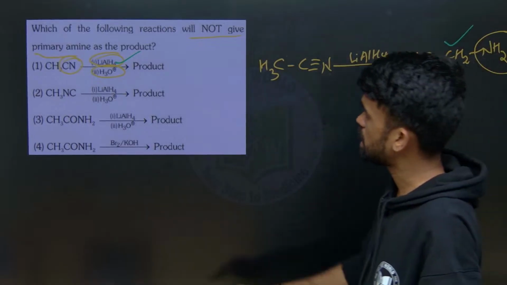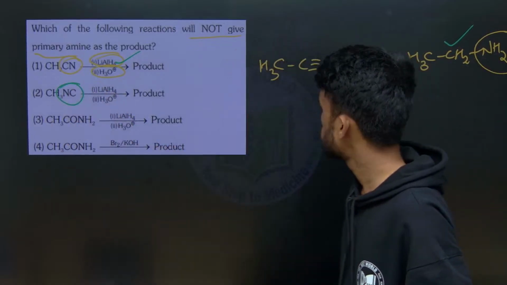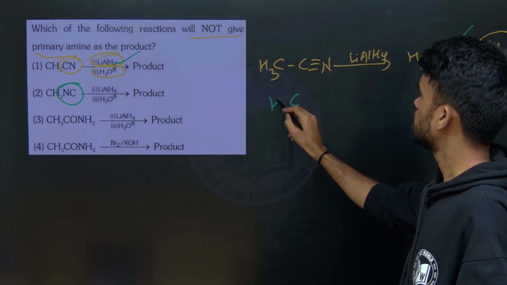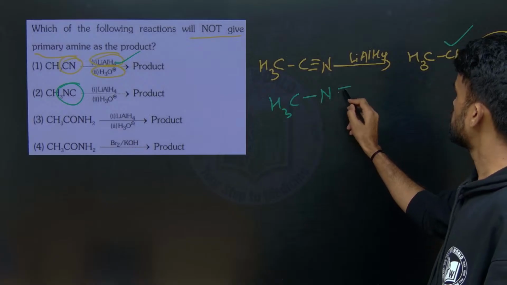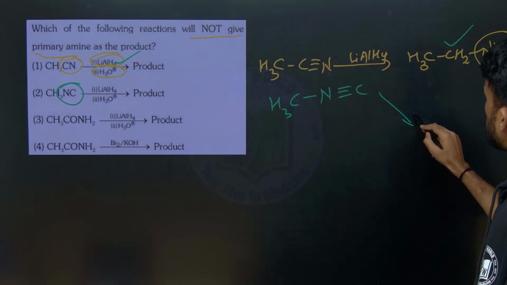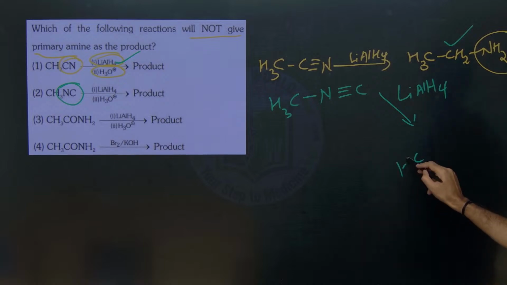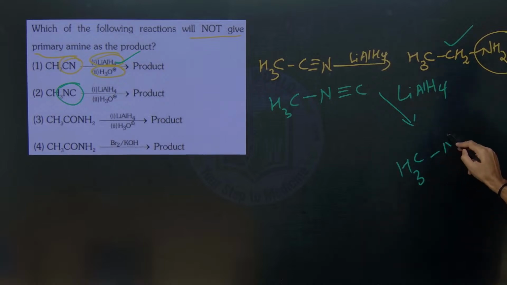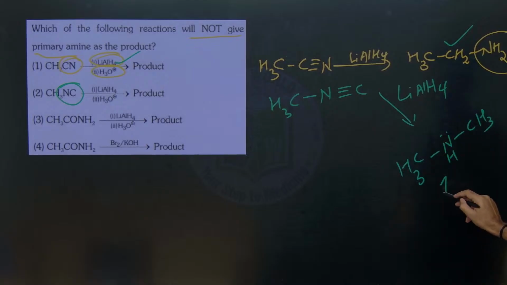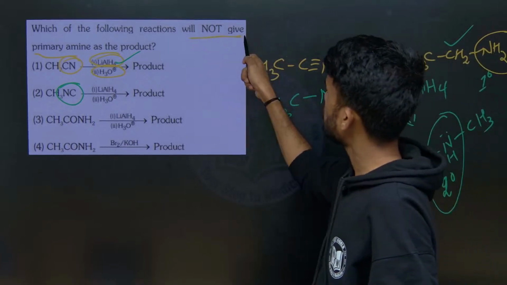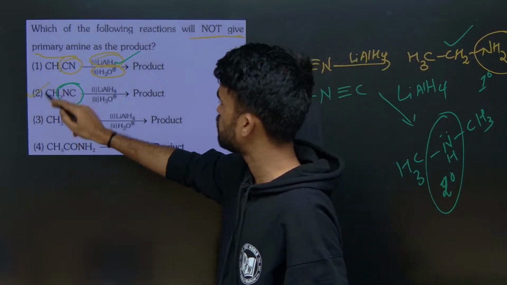In the second case it is isocyanide. The process is the same, but it is the iso form, so it is like this. Lithium aluminum hydride also reduces it to an amine, so we get this kind of product. This is a secondary amine, and this one is primary. They say it does not produce primary, so the second option will be the most correct.